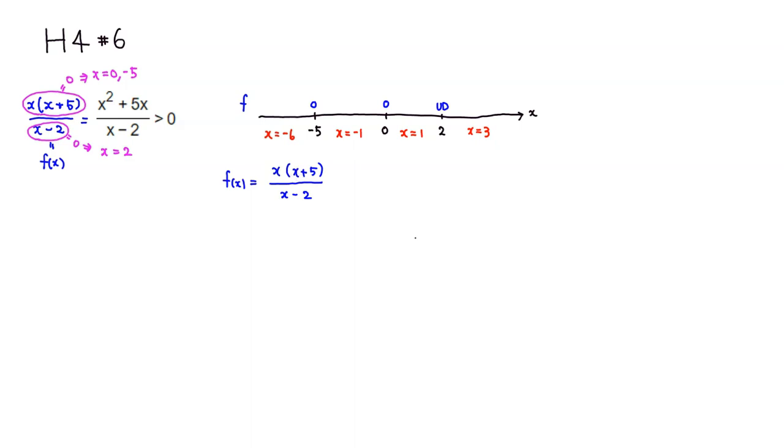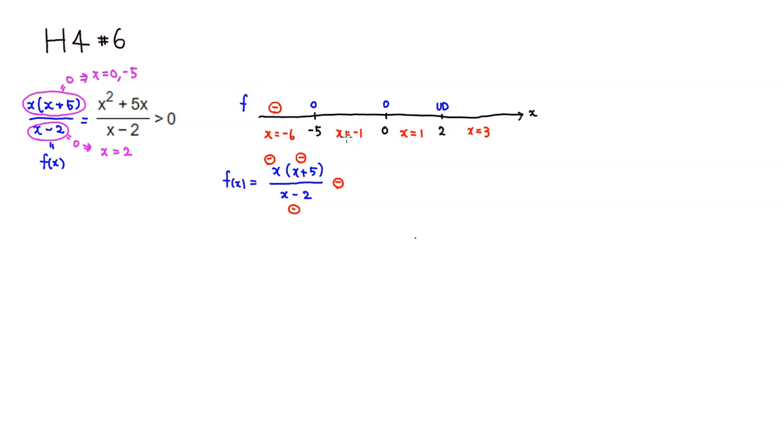Let's try x is -6. x is negative, so I'm going to indicate negative here. -6 plus 5 is still negative. Then you have -6 minus 2, so the denominator is negative. Negative times negative is positive for the numerator. Positive divided by negative is negative. So the whole fraction is negative, and on this interval the function is negative.